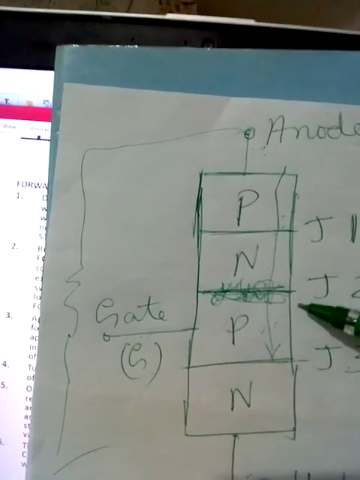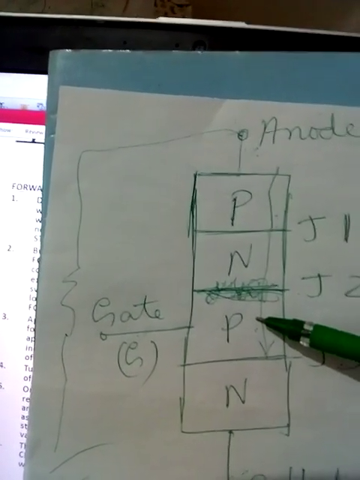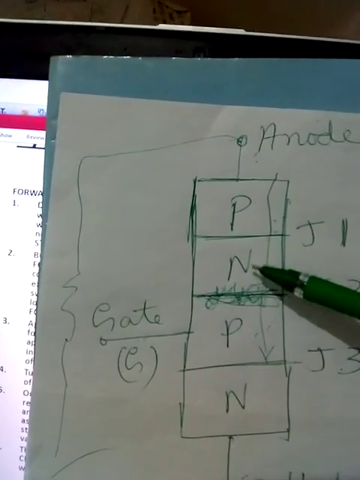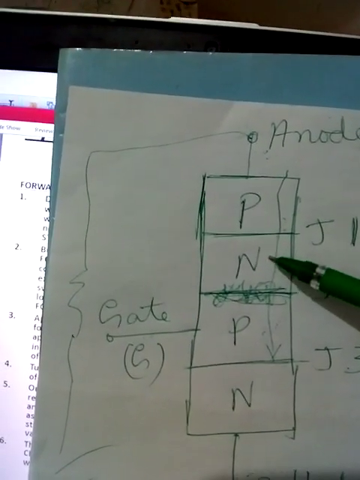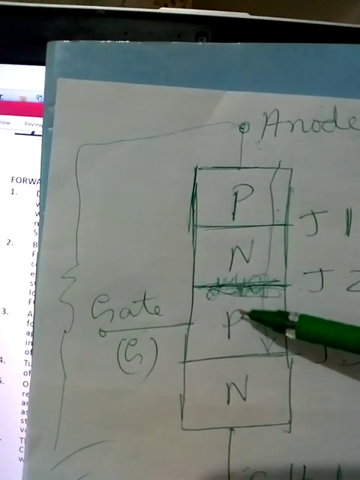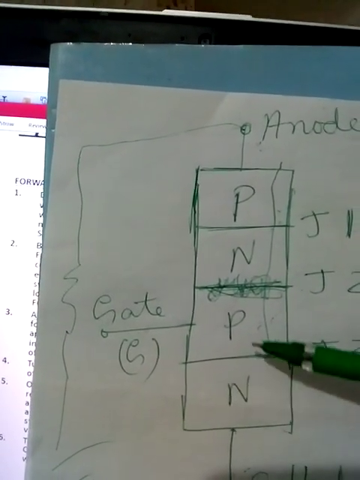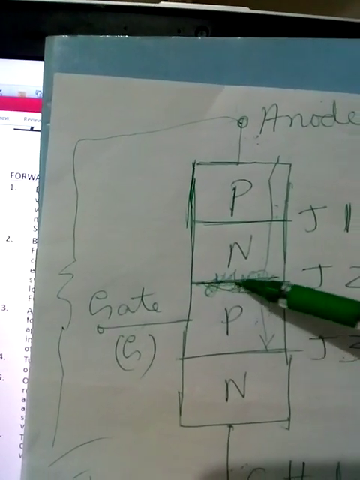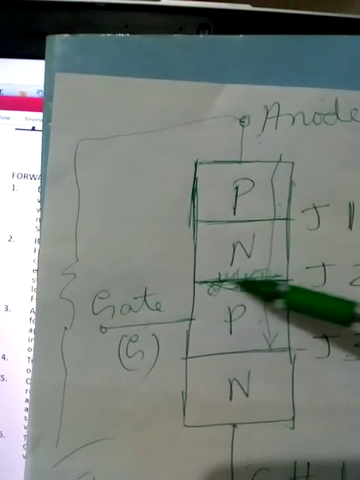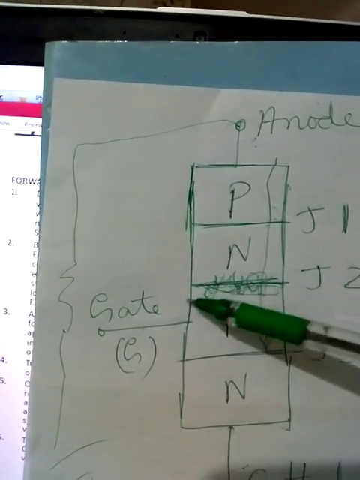Take junction J2, second and third layer. The second layer is N layer. N is now towards positive. Third layer, the P layer, is towards negative. So this junction is now reverse biased. It will not conduct current.